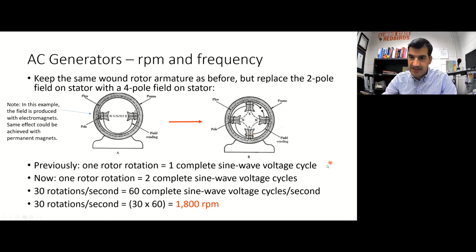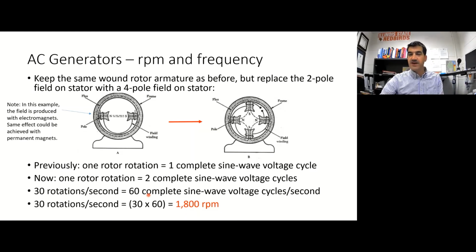All right, so this is what I kind of just said. Now, one physical rotor rotation gives us two complete sine wave voltage cycles. And so if I were to rotate the rotor 30 times per second, I would get 60 complete sine wave voltage cycles, which is 60 hertz. That's what I want.